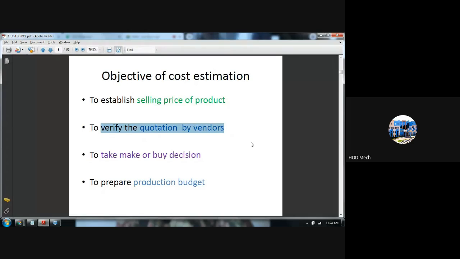To analyze whether the quotation given by vendor is applicable for my manufacturing process.